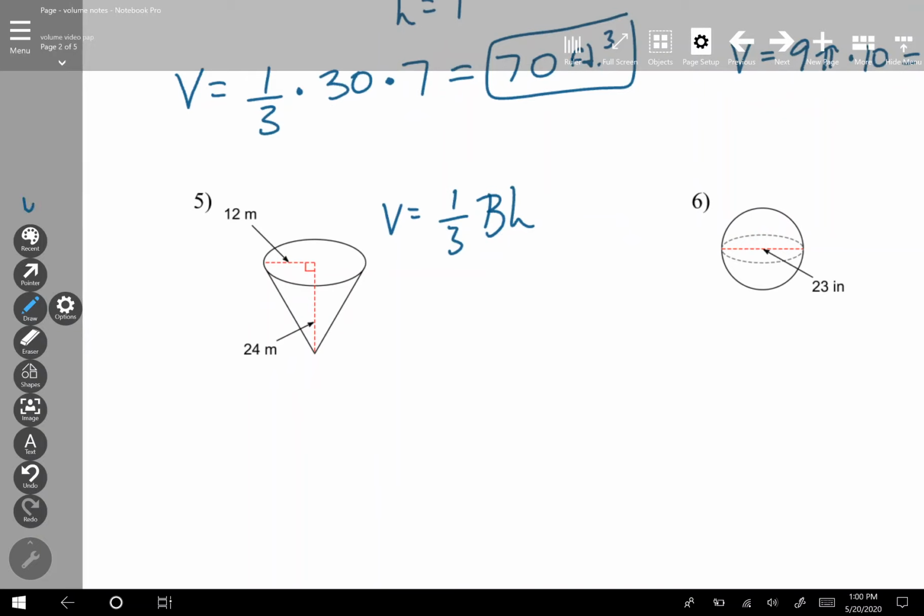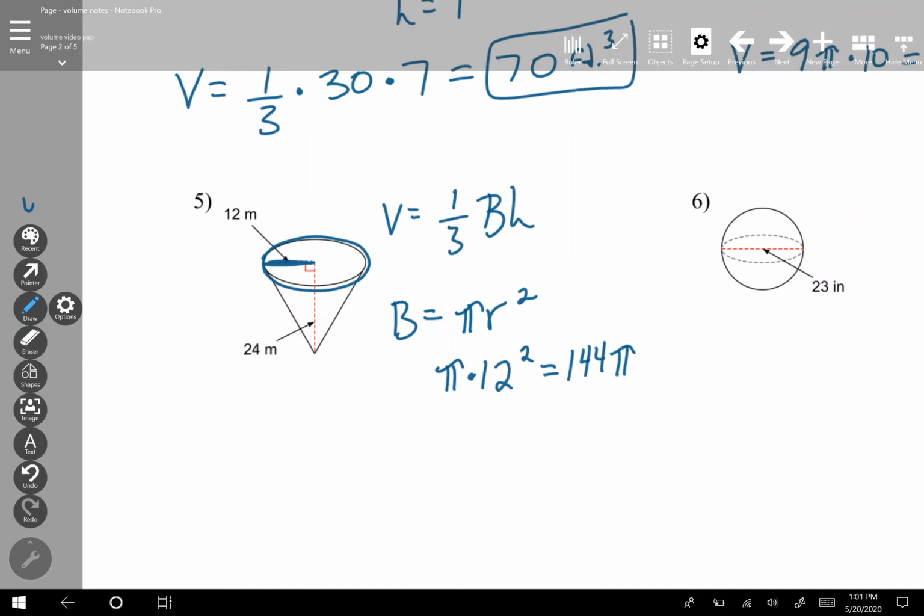Okay, area of the base. Our base is a circle. So the area of a circle is pi r squared. The radius goes halfway across. They already marked it for us, so our radius is 12. So pi times 12 squared. So that's 144 pi, because 12 squared is 144.